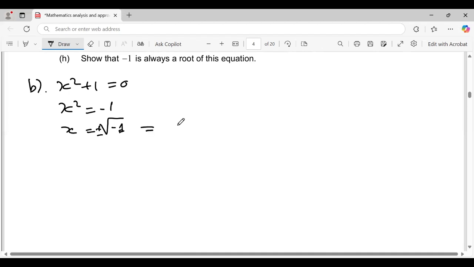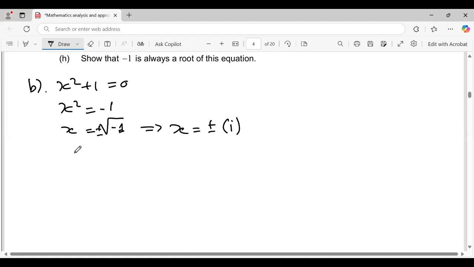So we can state that x equals plus or minus i, because the square root of minus 1 is i, the imaginary number.